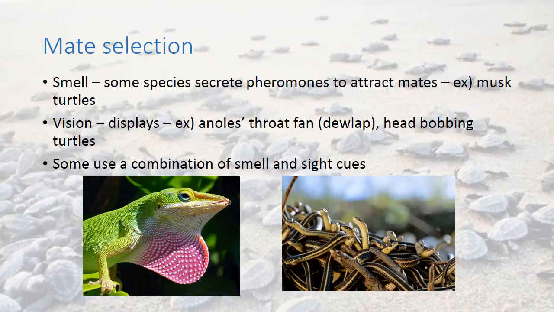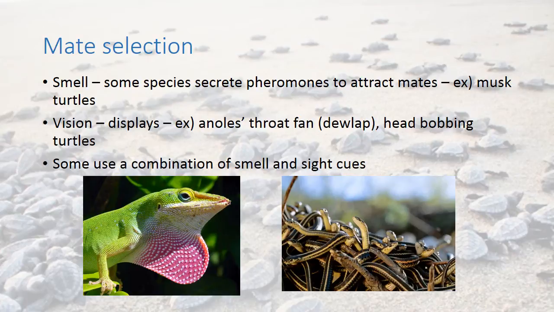Both smell and vision come into play with reptile mate selection, and it depends on species which one is used more or less. Things like sea turtles aren't going to use smell as much as terrestrial reptiles would. A lot of reptile species secrete pheromones, so chemical signals to attract mates. Some examples are like musk turtles, where you can really kind of smell that pheromone they use.